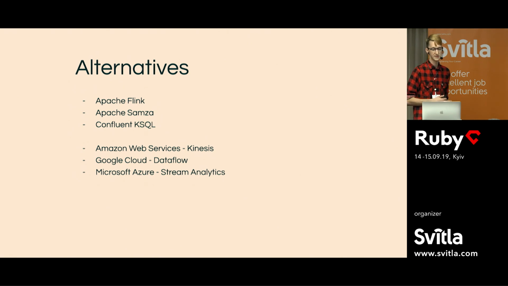We have also Apache Samza, which is used extensively by LinkedIn, and we have Confluent KSQL, which is a streaming engine that enables real-time data processing against Apache Kafka. And we have also some cloud-based services such as Kinesis from AWS, Dataflow from Google Cloud, and Stream Analytics from Microsoft Azure.